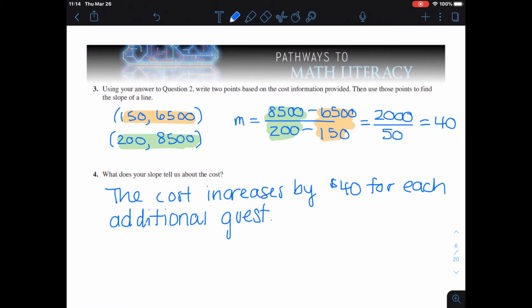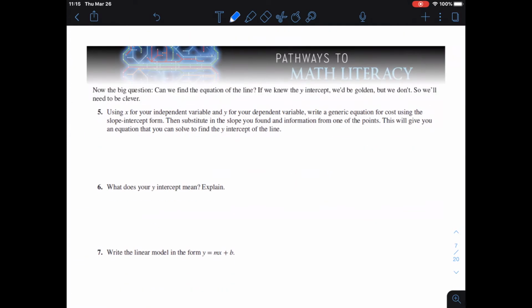Now, the question here is, can we find the equation of the line? We have the slope, but we don't know that y-intercept. I can't just assume it starts at 0 because it might not. In reality, I might actually have some fixed costs that I have to pay the venue from the get-go. So we need to figure out what the value of the y-intercept is.